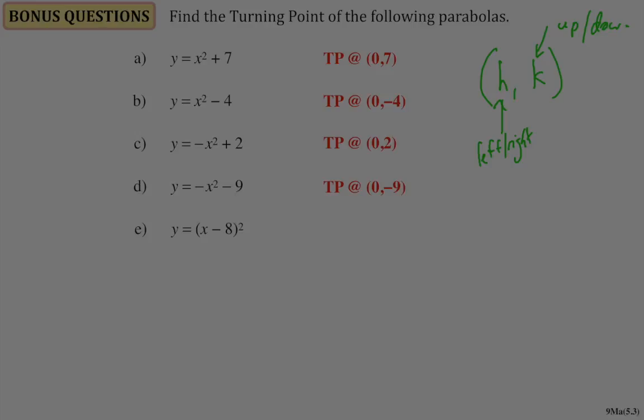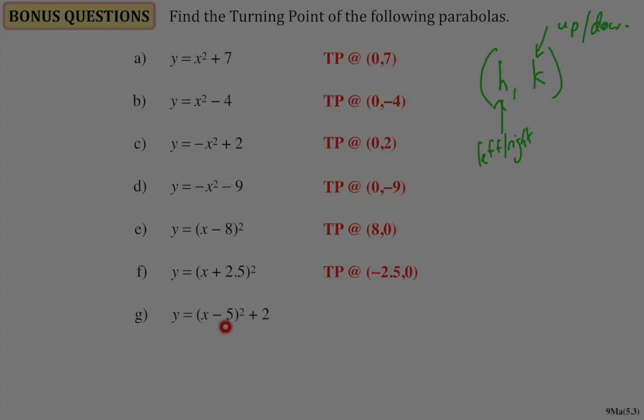What about this one? Hang on, brackets, that's left or right movement. So this was moved right 8, and it doesn't go up or down. So the turning point will be 8, 0. There's right 8, and it didn't go up or down. This one, moved left or right? It's moved left 2.5. So the turning point will be left 2.5, up or down nowhere.